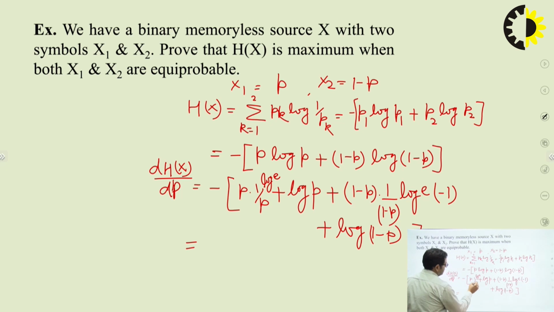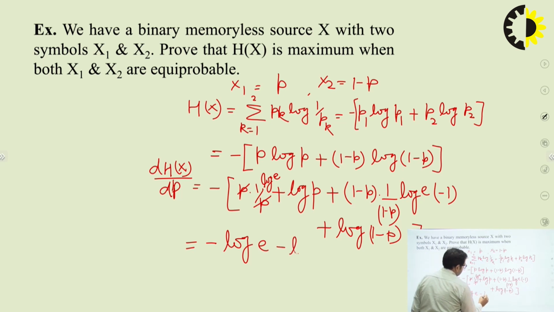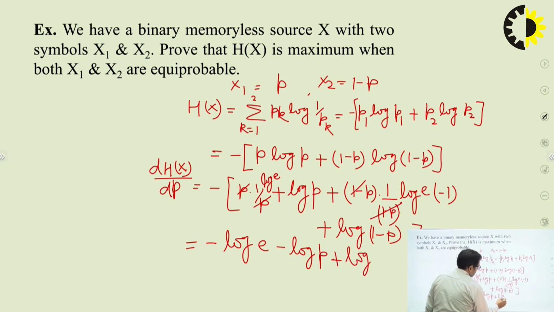Now we have minus log e minus log P plus log e minus log (1 minus P).